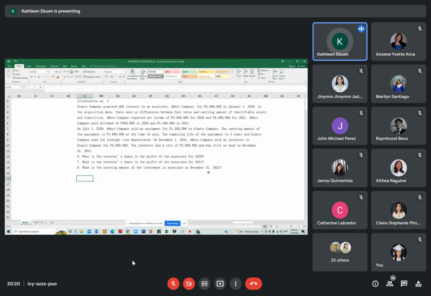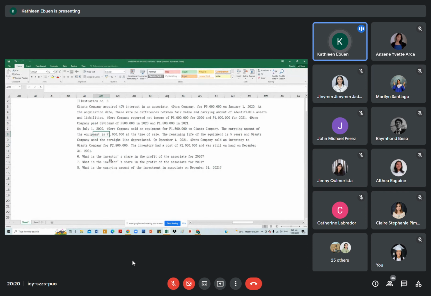Okay, so kung napansin nyo class, no, meron tayong intercompany sales dito. So, on July 1, 2020, 49ers Company sold an equipment for 1.5 million to Giants Company. So, meron tayong intercompany sales. No? So, iba ng atake na naman tayo dito, class.